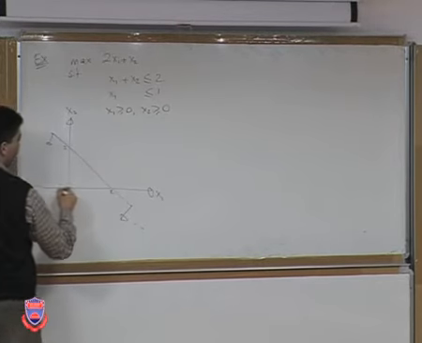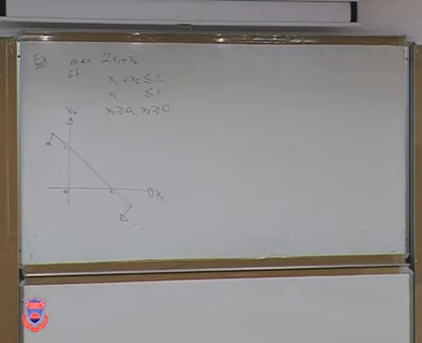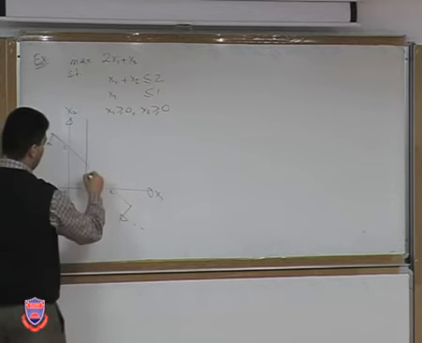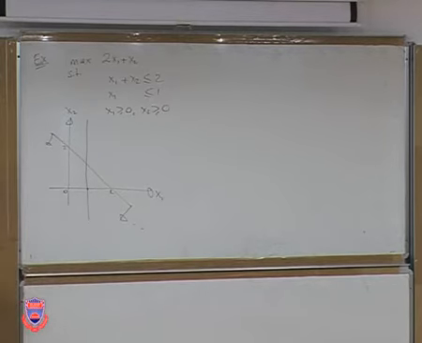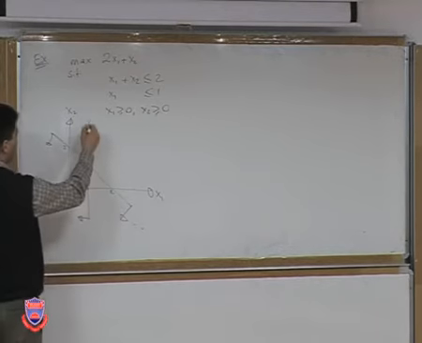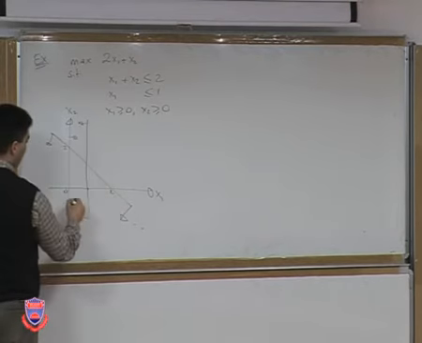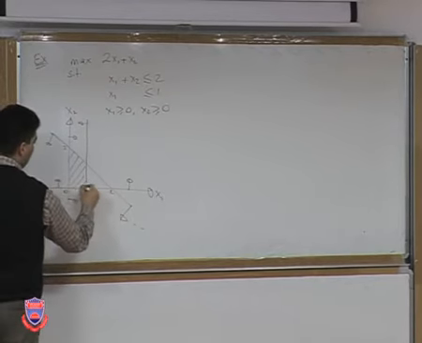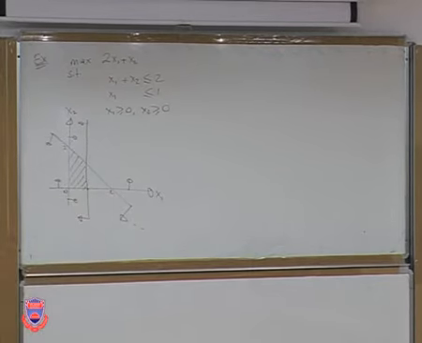What about the second constraint? x1 is less than or equal to 1. First, I'm going to draw the vertical line, given by this one. Which side should I pick, left or right? I should pick left because the origin satisfies the inequality, so this is the correct side. Then we have non-negativity of x1 and x2. And if you think about this a little bit, the feasible region will be given by the shaded area, right?